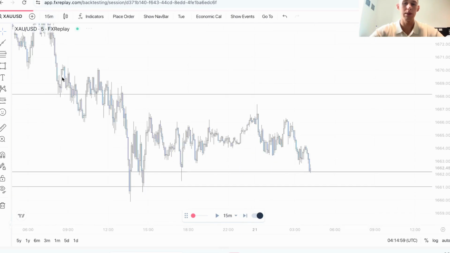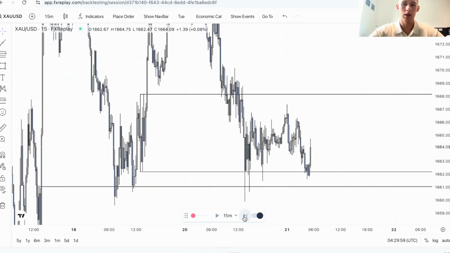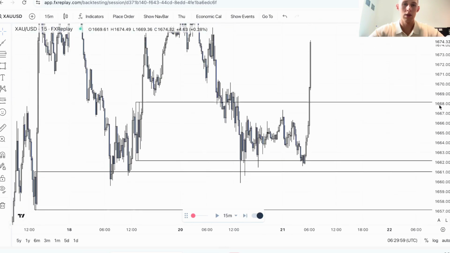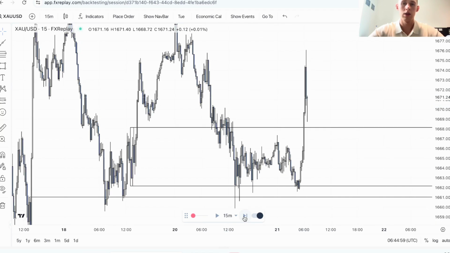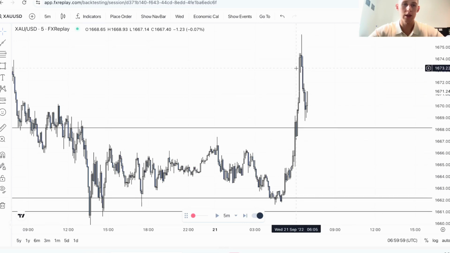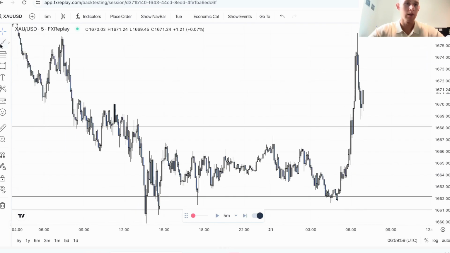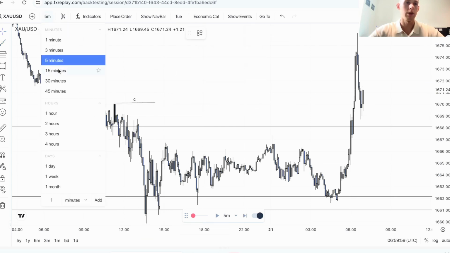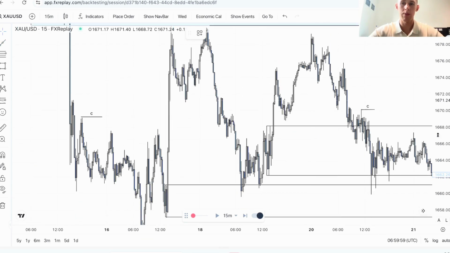Play this on the 15-minute instead. Alright, so I was looking for a break of that high, but let's have a look because price probably isn't going to pull back. So what we've got here, let's have a look again.